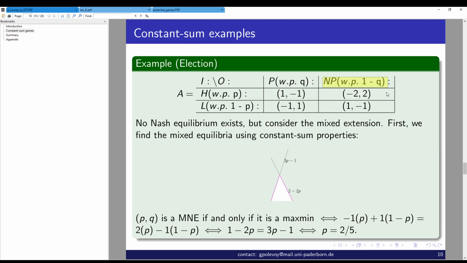These are the functions based on the P of the first player.